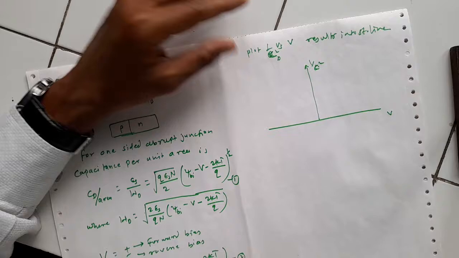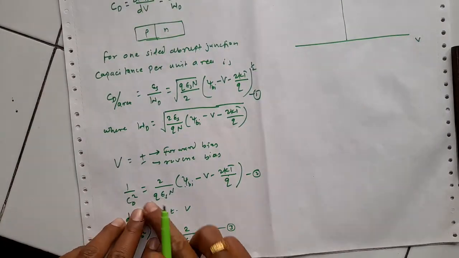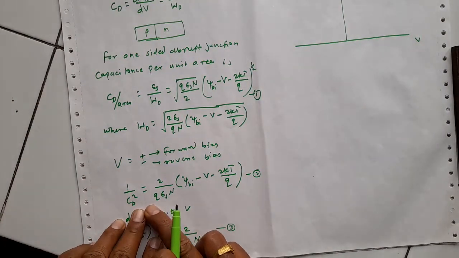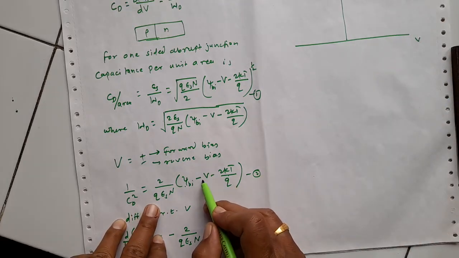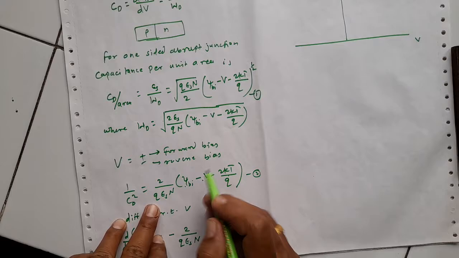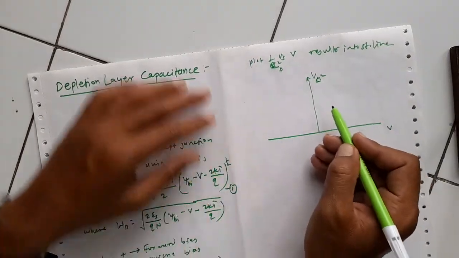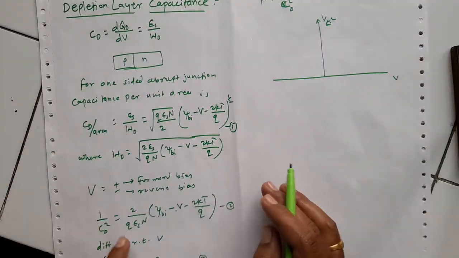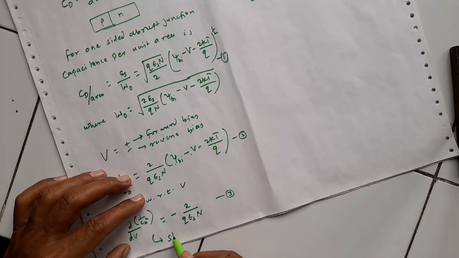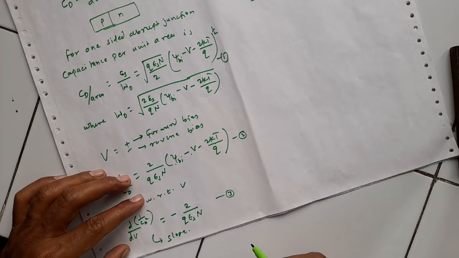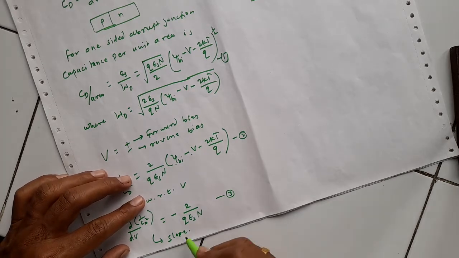This is a negative plot, right? I am just trying to plot it, because this derivative gives us the slope. This is the slope of this graph, okay. So do remember this is the slope.